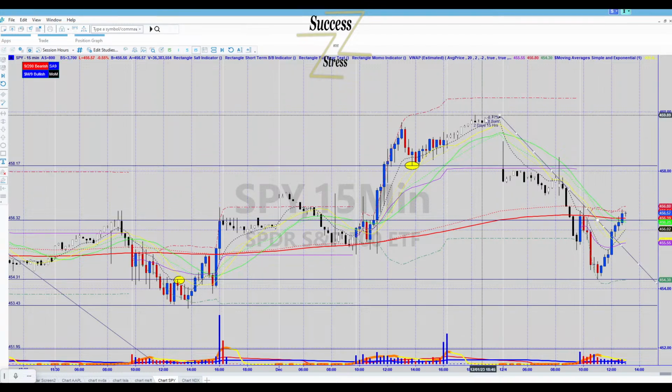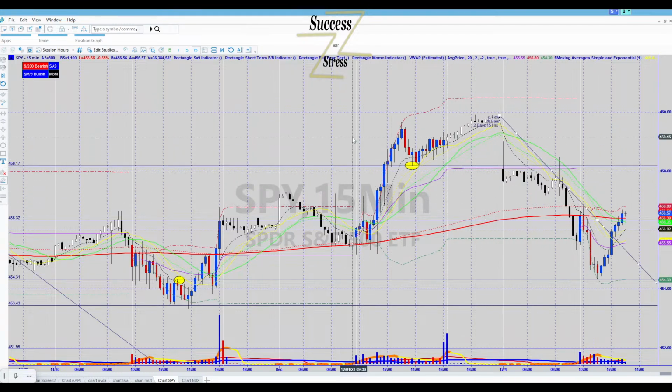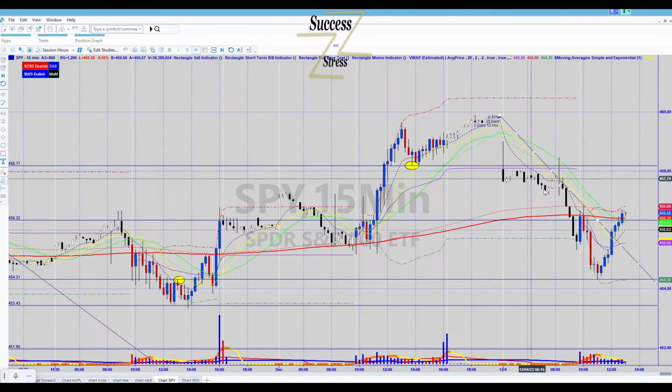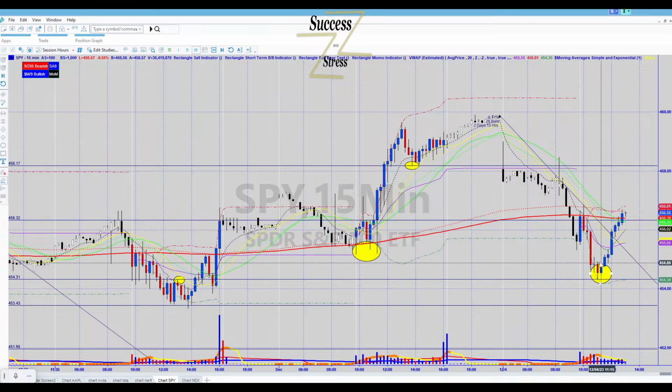Depending on what time frame you're trading, this is definitely an overall bearish trend. If you look at this time frame, we have a lower low here, right? So it's definitely bearish.